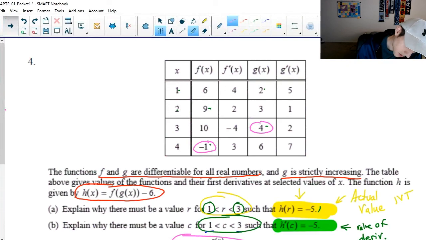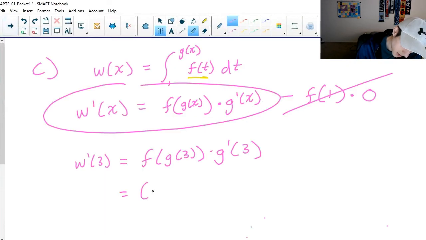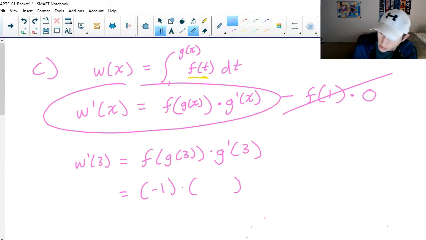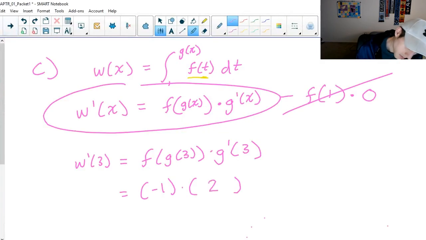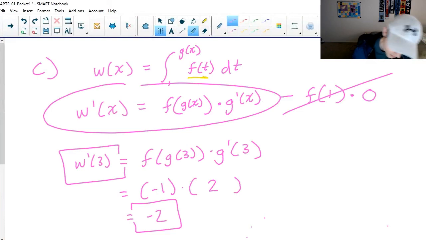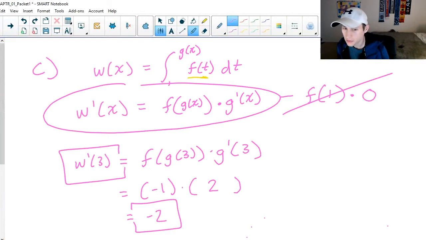Okay. So -1 times g prime of 3. g prime of 3 is 2. It's 2. So w prime of 3 is -2.